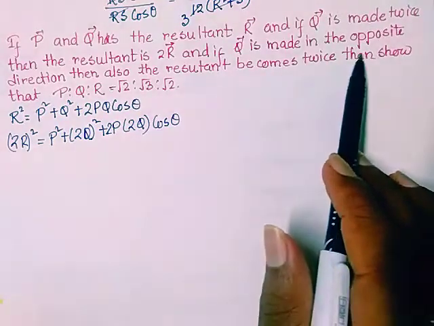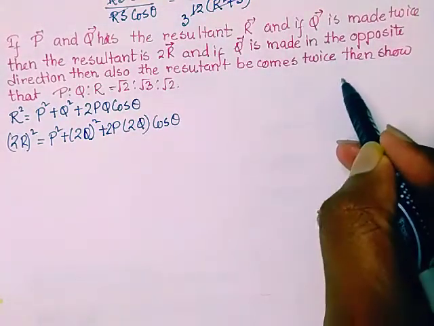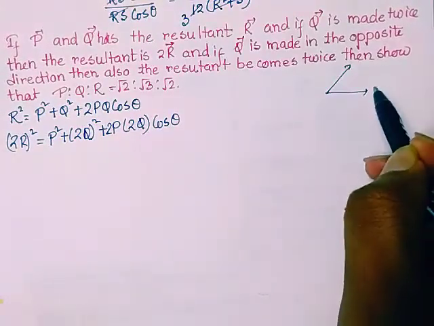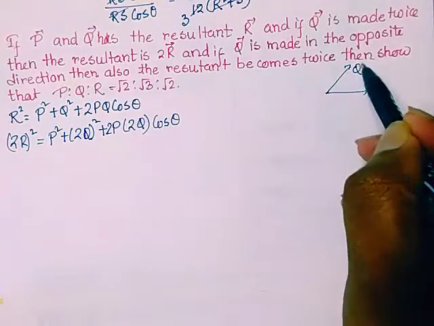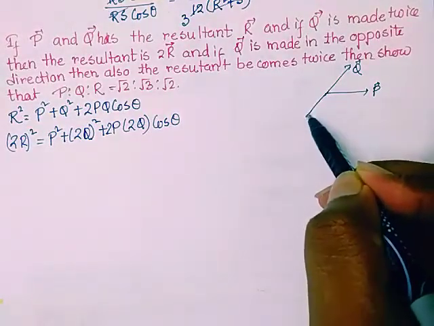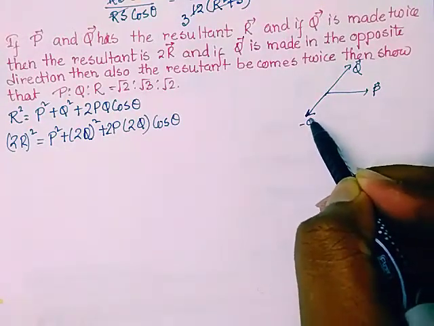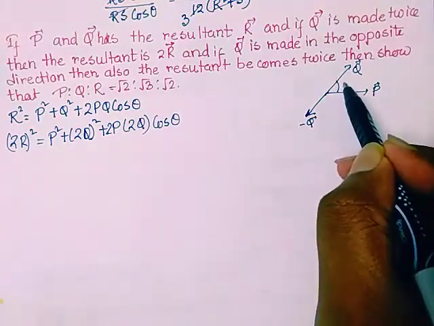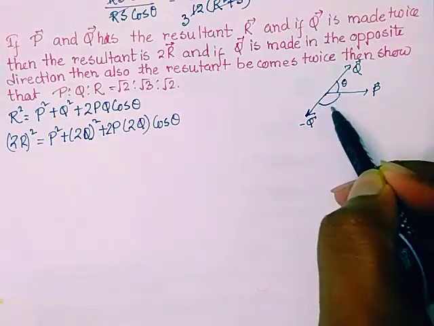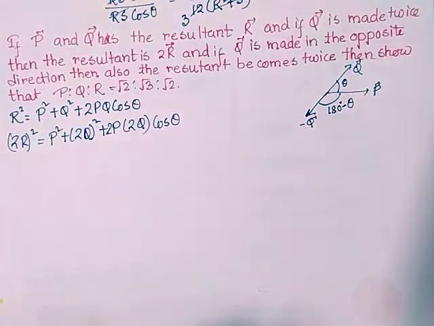Okay, that is shown in the previous lectures. If Q is made in the opposite direction, let us suppose this is the P and this is the Q. Okay, if I make the direction opposite, that is now it is minus Q, the angle is theta. Okay, so what should be the angle now? 180 degree minus theta.